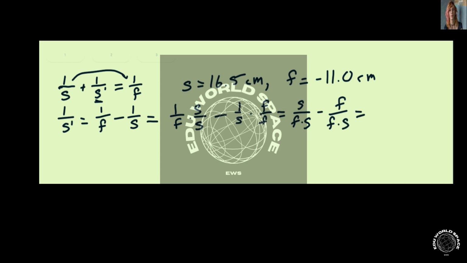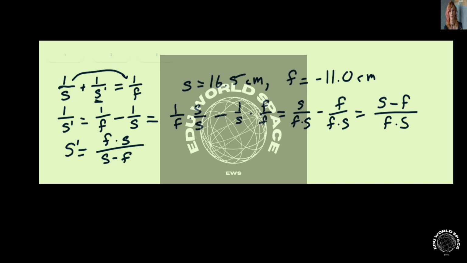If we combine that into one fraction, s minus f over f times s, that's equal to 1 over s prime, the image distance. So to find s prime, we just take the reciprocal. And that means that s prime is equal to f times s over s minus f.